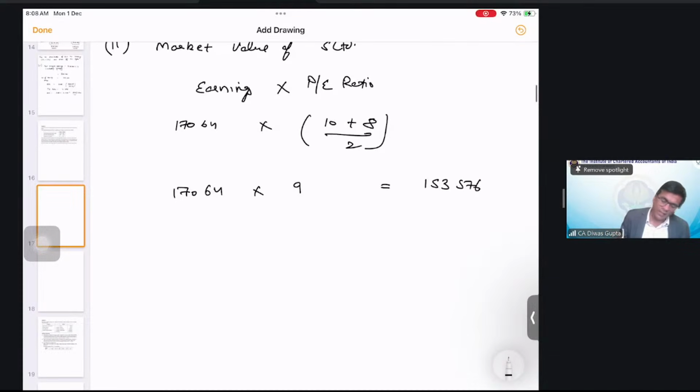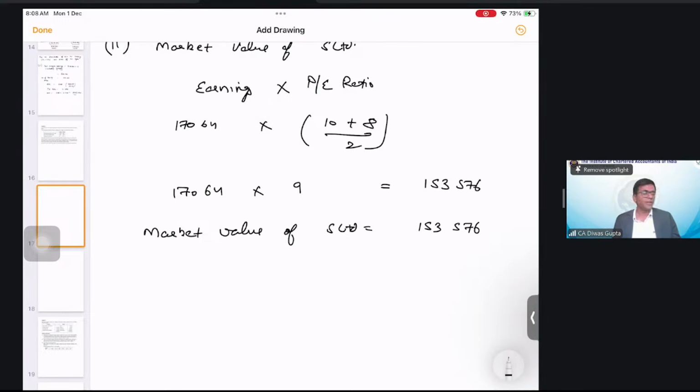This is going to be the market value of S Limited after the merger.